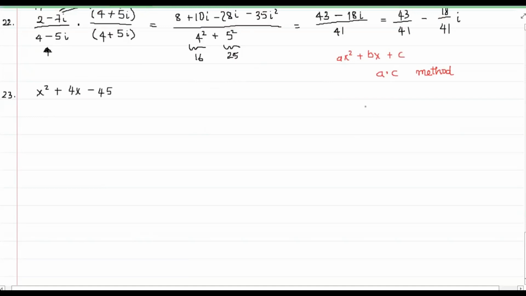And we need a number, presented as a square, multiplied by another number, that equals a times c. Also, when you add those numbers, you'll get b.